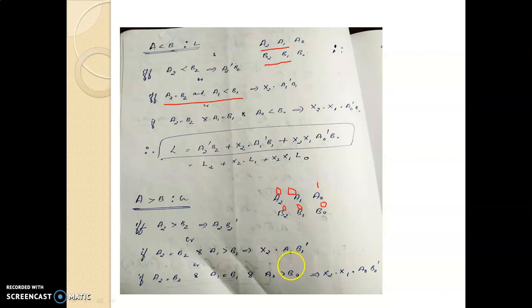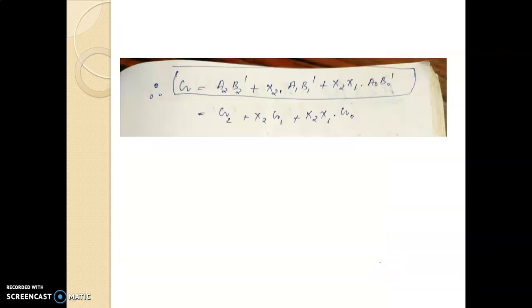A0 has to be 1. That is A0 then B0 bar. So x2 x1 A0 B0 bar. So it can be represented as A2 B2 bar is G2 plus x2 G1 plus x2 x1 G0. And now you got the three equations and you can implement the circuit, just like how you implemented your 2-bit magnitude comparator.